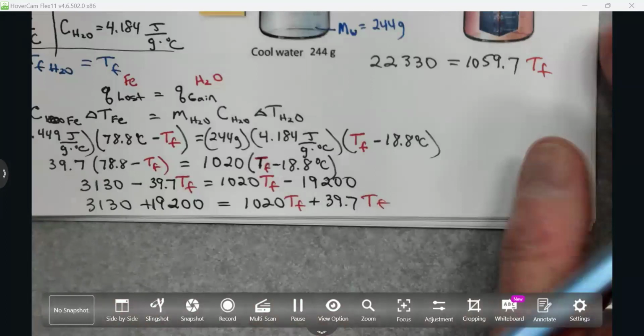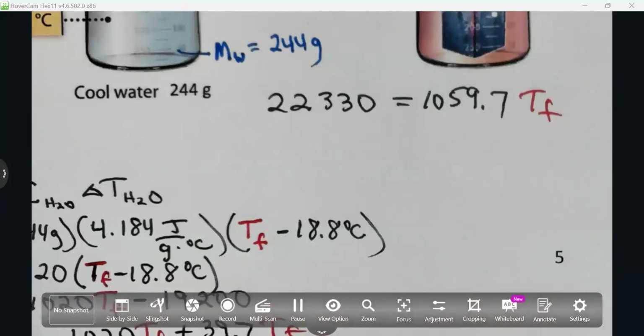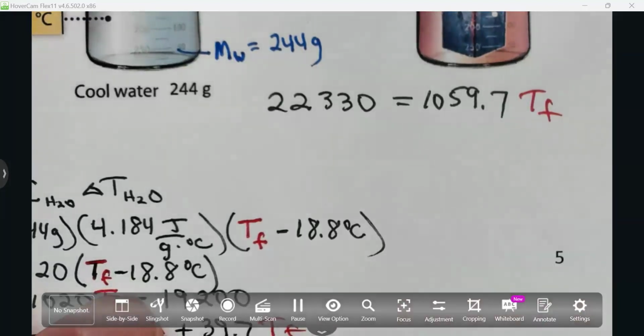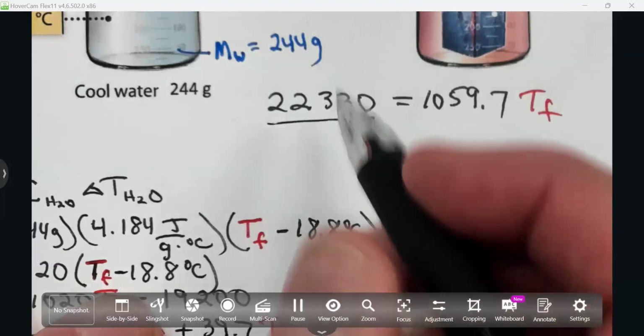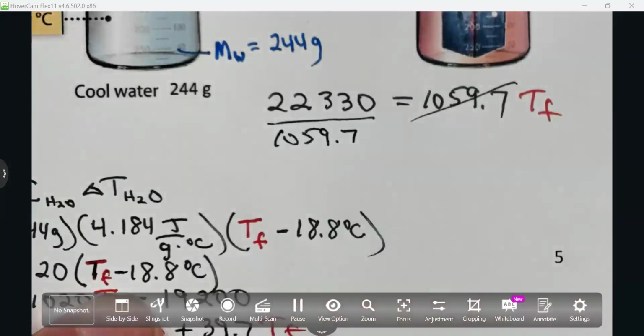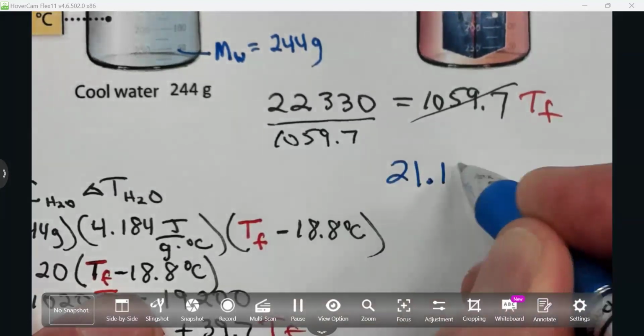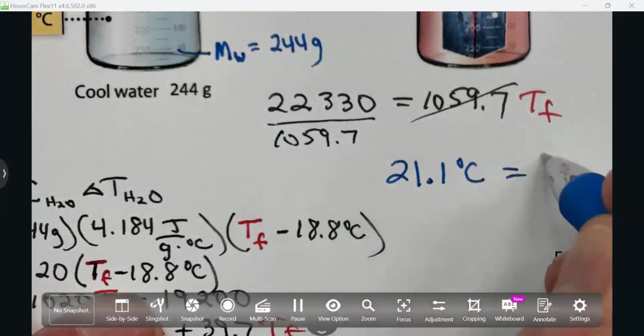If we divide both sides by 1059.7, we end up with 21.1 equals T final.